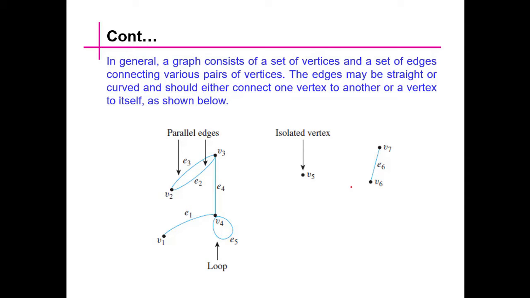So these are some examples of graphs. Now in the first example, we can see that V2 and V3 are attached with 2 edges, in which these 2 edges are connecting the same vertices. So these edges are known as parallel edges.